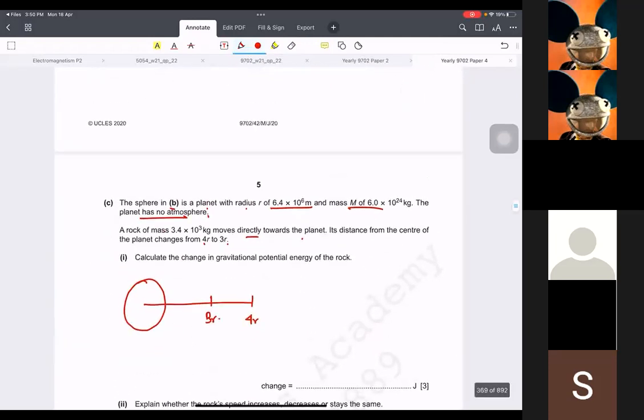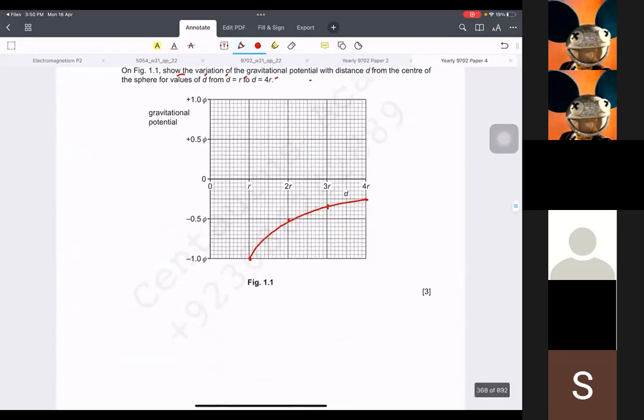Then, inside the sphere? What do you mean? Shouldn't the potential go from 0 to r? No, my friend, it is different.